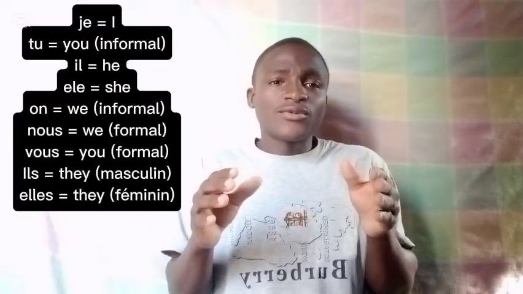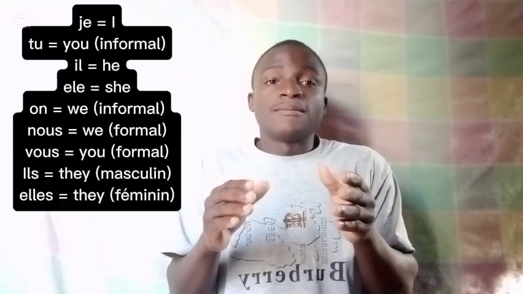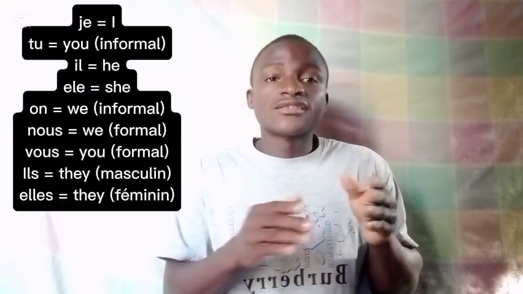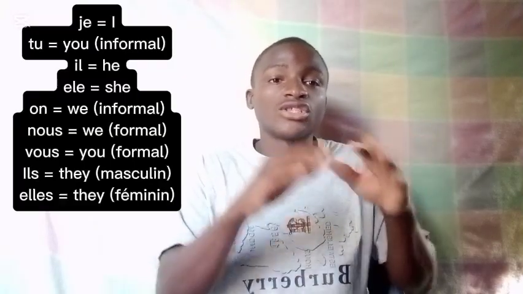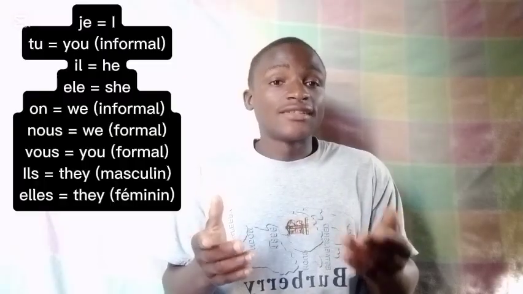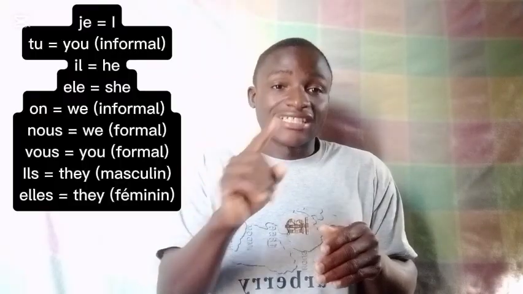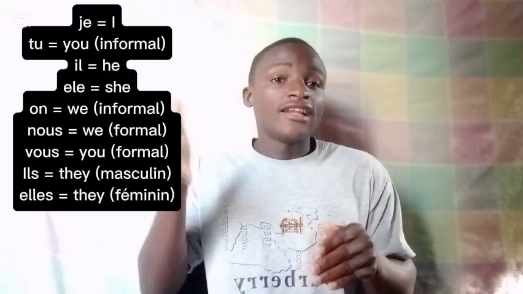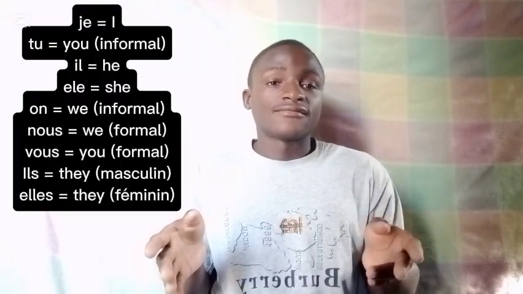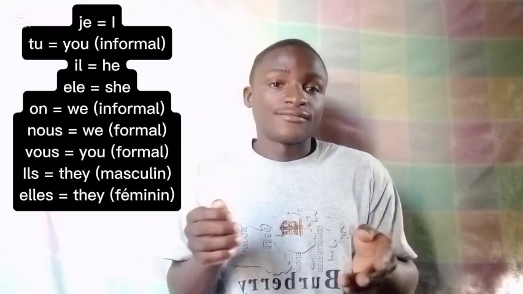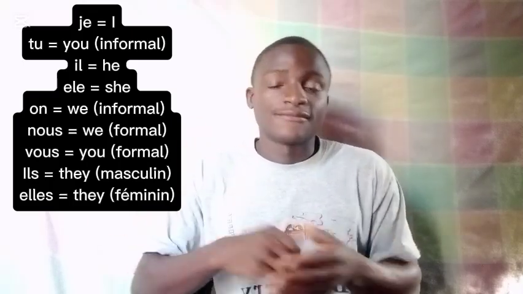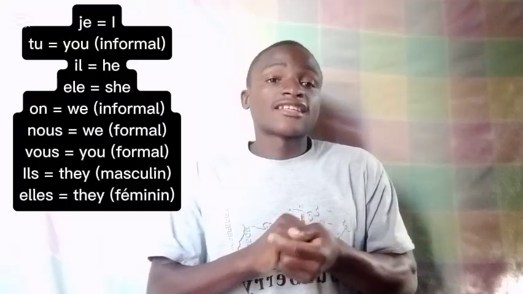Now, what about when we have masculine words and feminine words together? How do we say? We say ils. For example, when you see lots of women and just one man, you will say ils. It's a rule. You will say ils. Ils, pluriel.